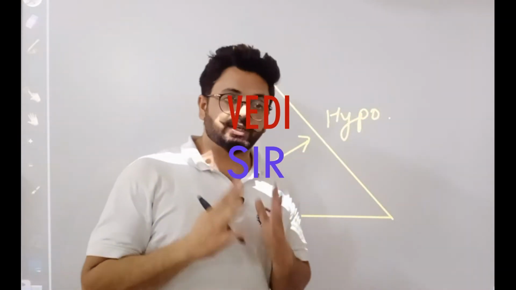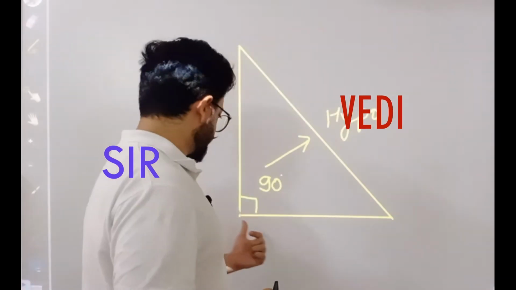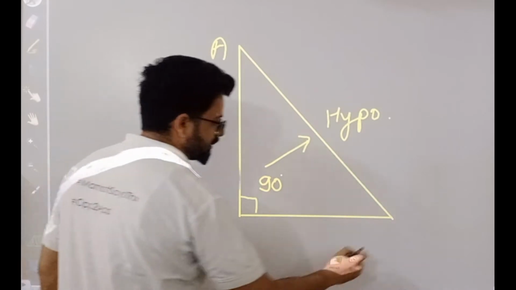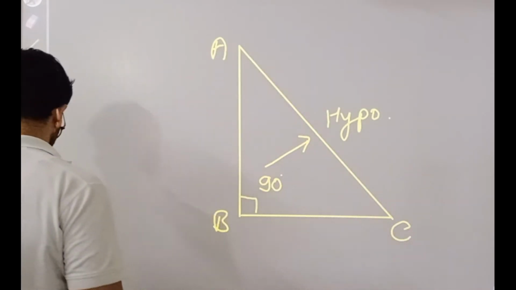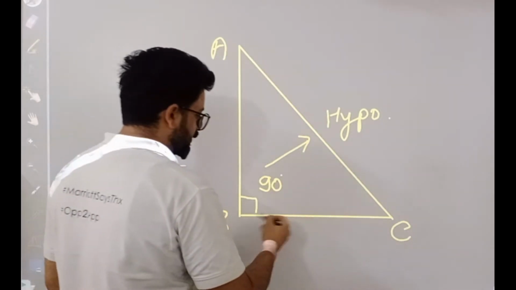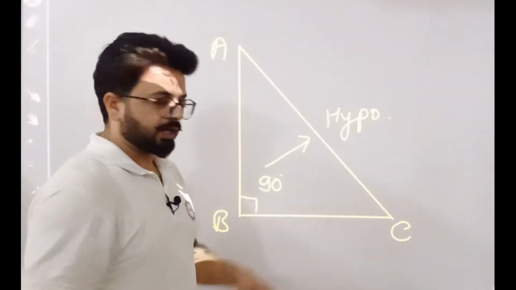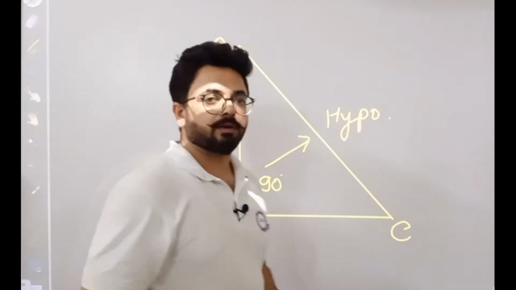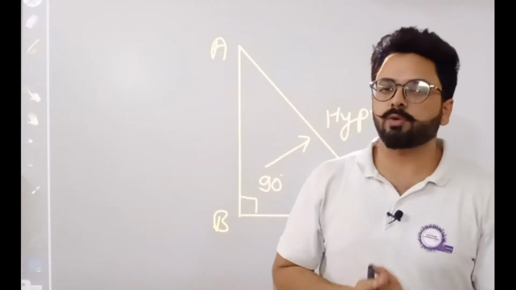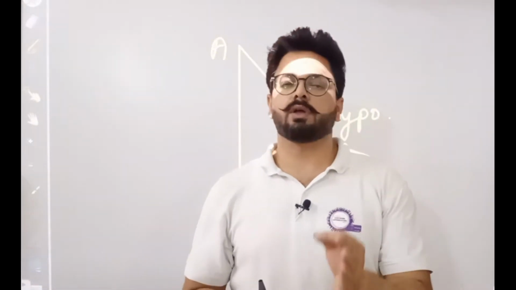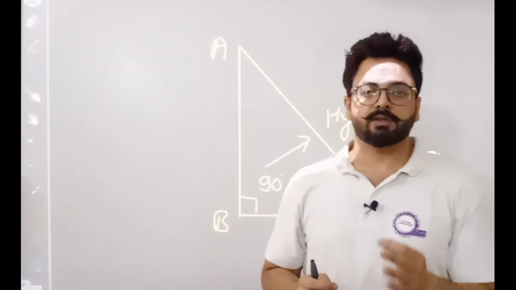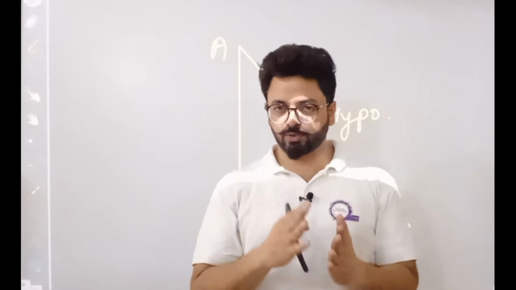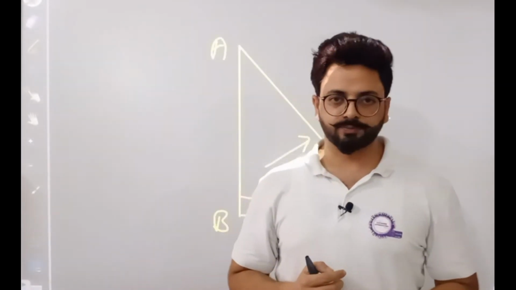Now, generally we are taking this, like I'm writing here A, B and C. So generally we are taking BC as a base. If I turn it 90 degrees, then AB will be base. But in trigonometry, at first we have to fix which side is base and which side is perpendicular.